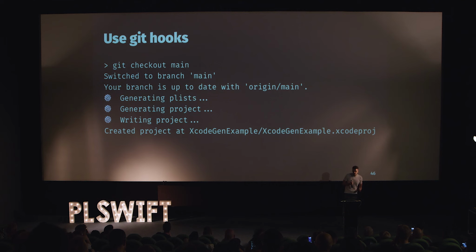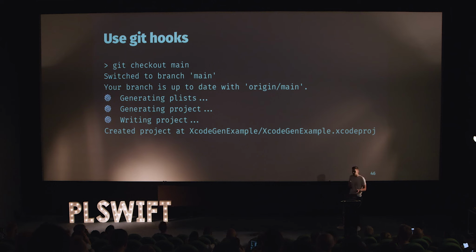So thankfully, Git allows you to provide something called Git hooks. Git hooks are scripts which Git will run for you on specific actions. So here I provide Git with something called a post checkout hook. And each time I check out a branch, Git will run XcodeGen generate for me.